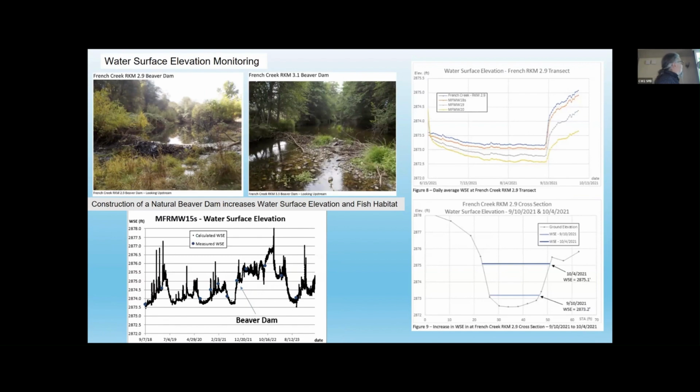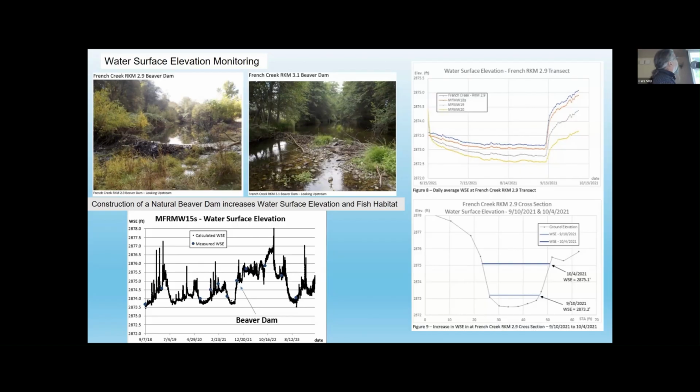So I'm going to change gears here and talk about another large component of the monitoring program the Watershed Council has done, and that's water surface elevation monitoring. And this is just an example of one of the other animals that we're extremely interested in the importance of, the beaver.